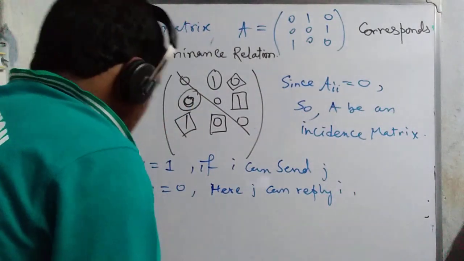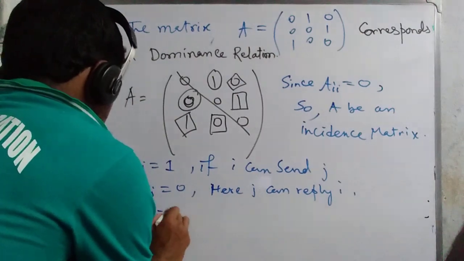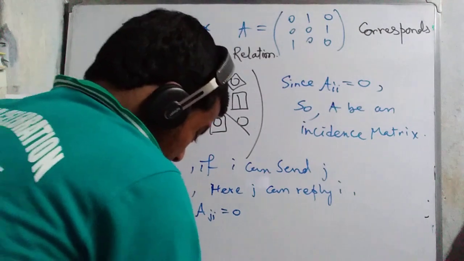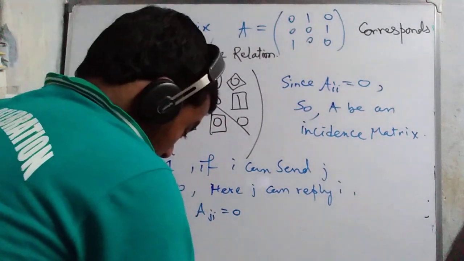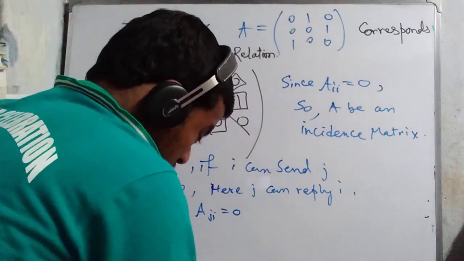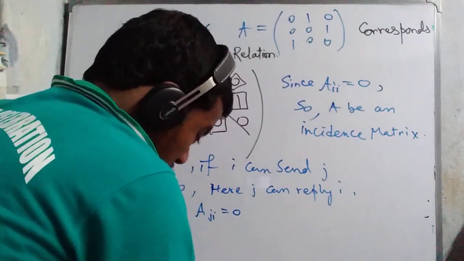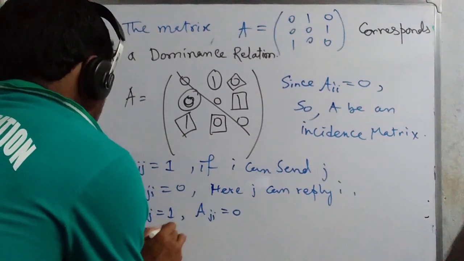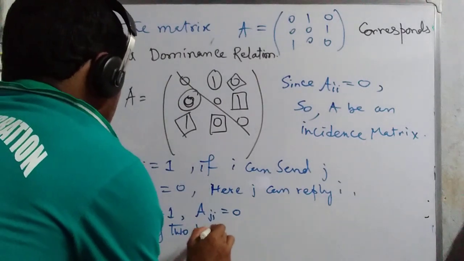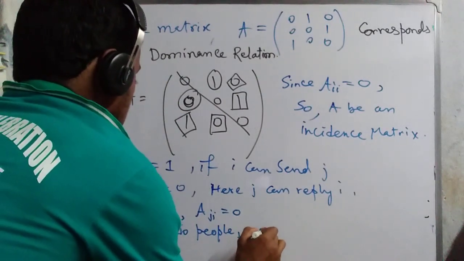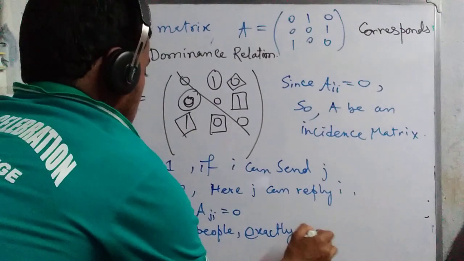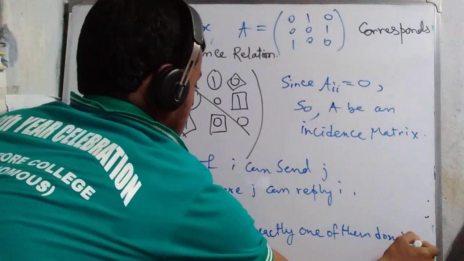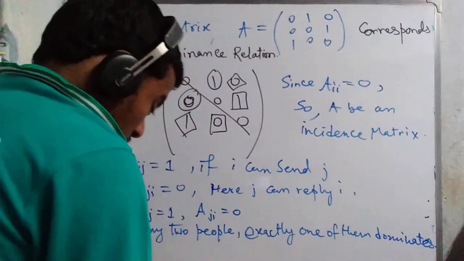That means for any two people, exactly one of them dominates. Not a problem at all.